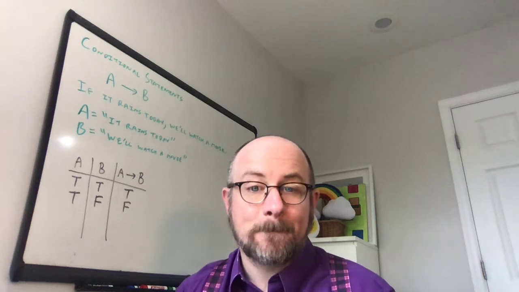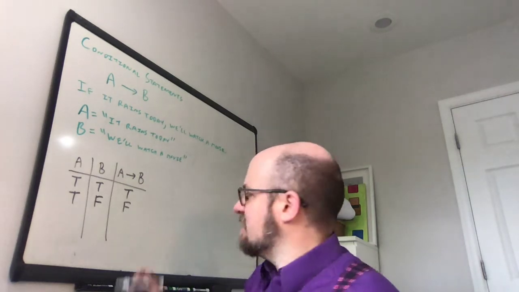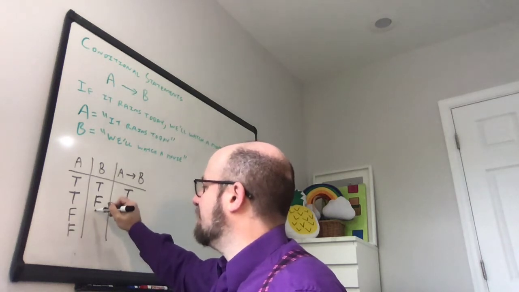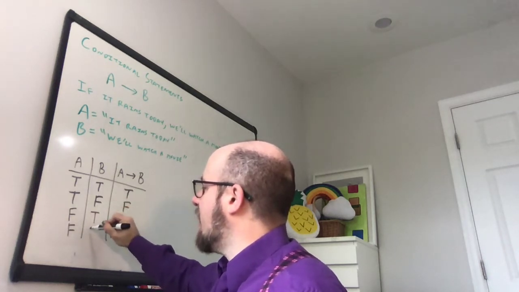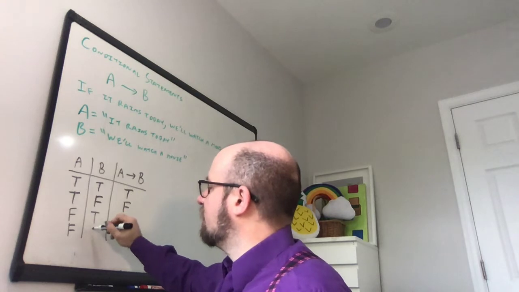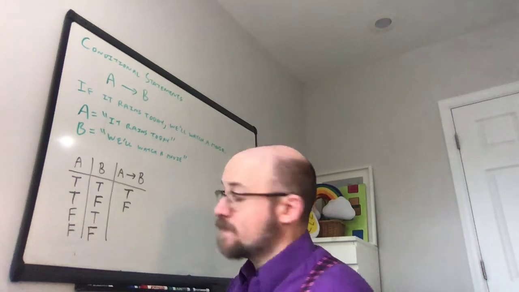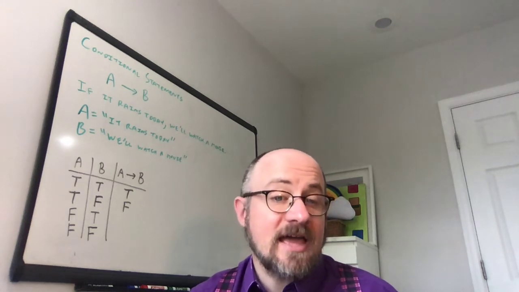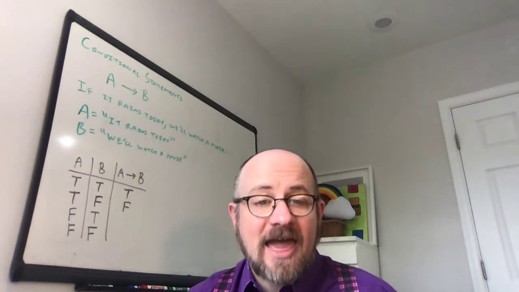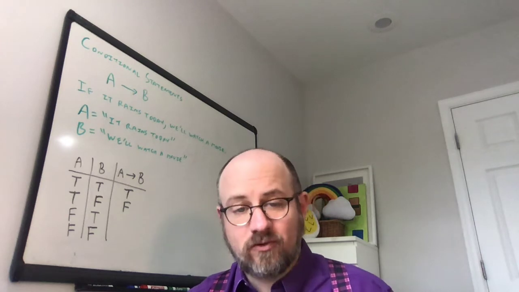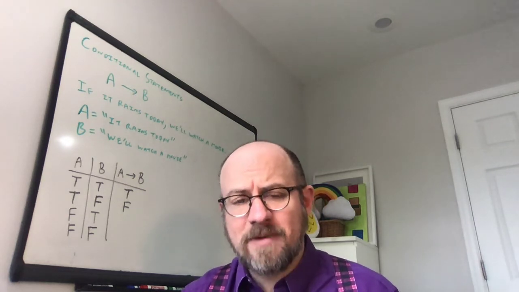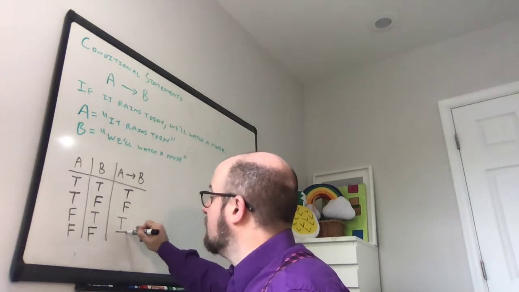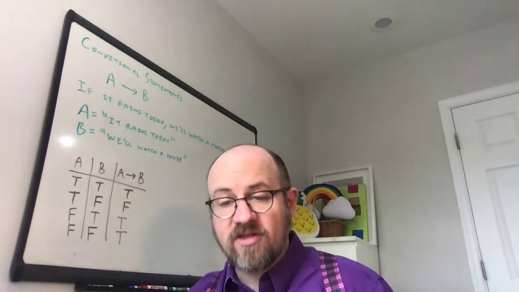It was a lie. Where this gets more interesting mathematically is the last two cases: if A is false and B is true, or if they're both false. Mathematically, if A is false and B is true, and this is the one that always gets people, we say that this statement logically is still true. Same way if they're both false.